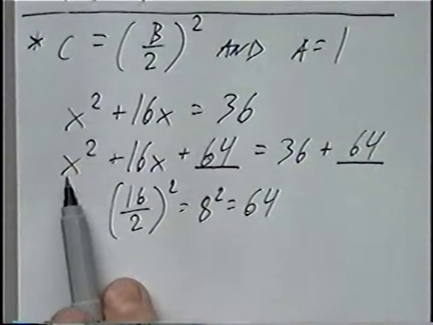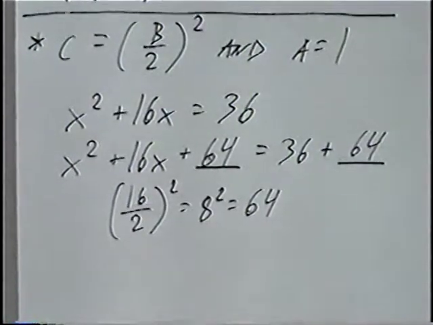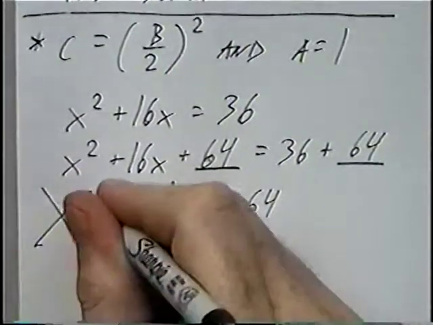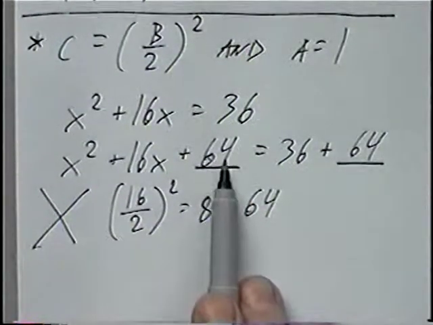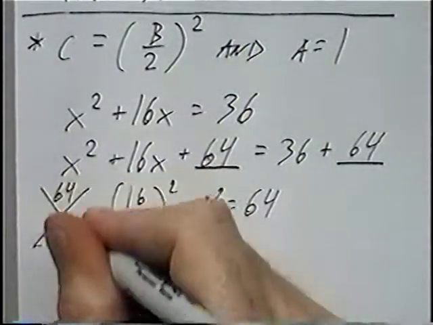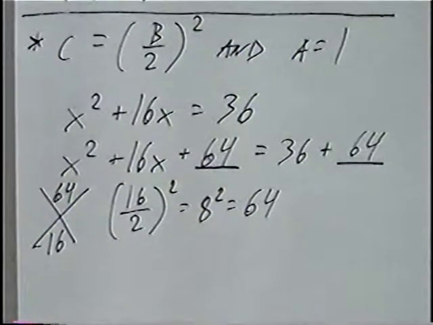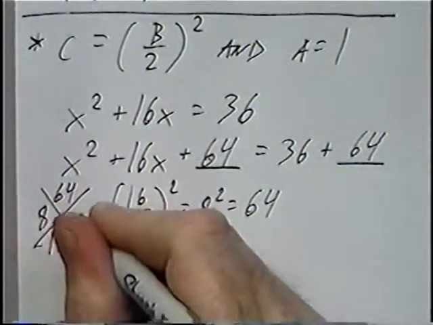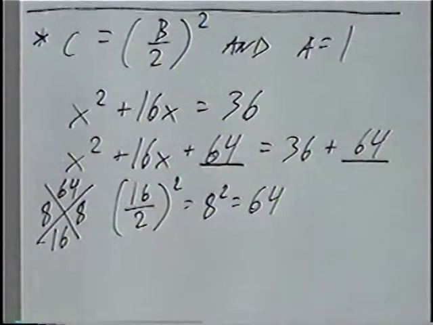So the trinomial we have is x squared plus 16x plus 64. This is a factorable trinomial. If you want to, you can draw the x or the diamond, multiplying to get 64 and adding to get 16. The two numbers that multiply to get 64 and add to get 16 are 8 and 8.